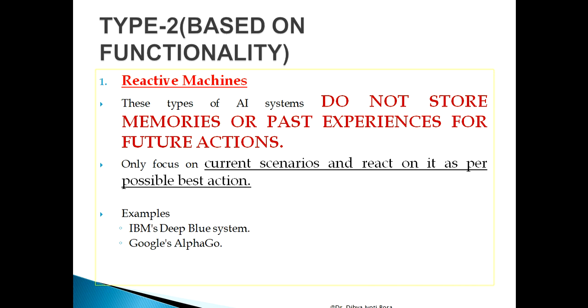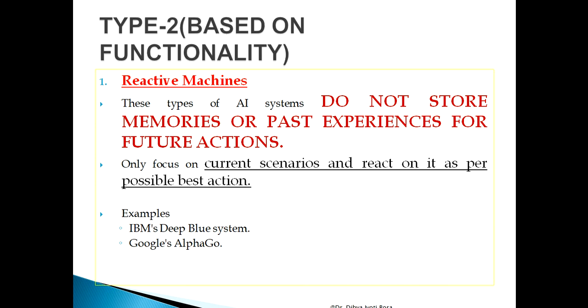Reactive machines are systems which do not store memories or past experiences for future actions. They only focus on what is currently happening, the current scenario, and react with the best possible action with respect to that scenario. Examples are IBM's Deep Blue system and Google's AlphaGo.